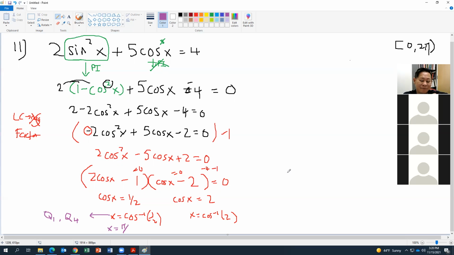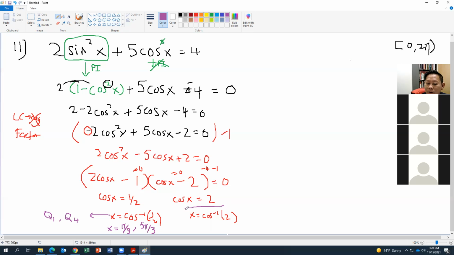Cosine, what is 1/2? Cosine 30 degrees, 45 degrees. It's always 30, 45, or 60. That's it. Anyone? Pi over 3. Okay, cosine 60 degrees or pi over 3. And what else? This is quadrant 1. And quadrant 4? 5 pi over 3.